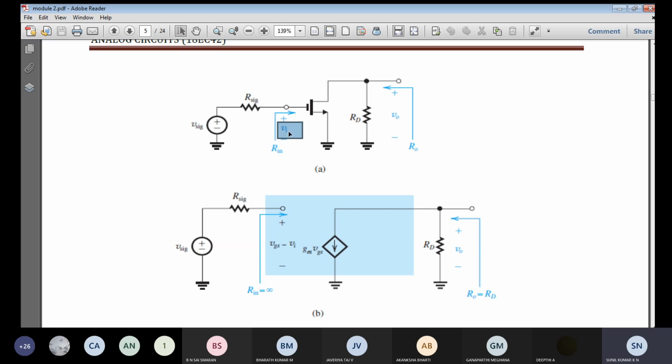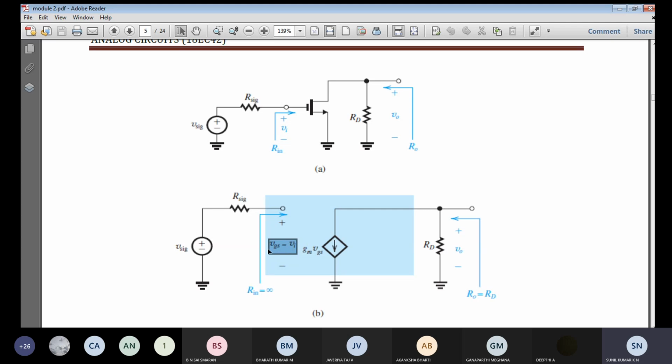Since there is no loss, Vi can be equal to Vgs, because of the infinite input resistance. Any source resistance will be negligible compared to that infinite resistance, so effectively all the voltage you apply is applied across the gate and source. So we write Vgs equal to Vi, because Rin is equal to infinity.